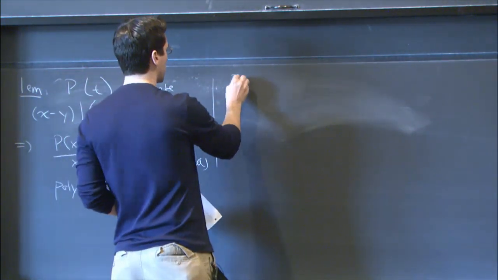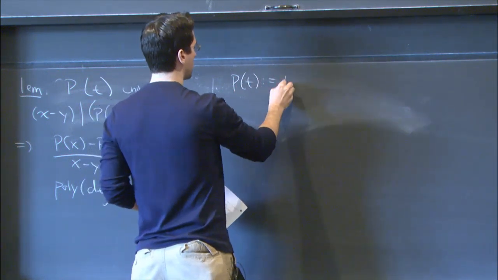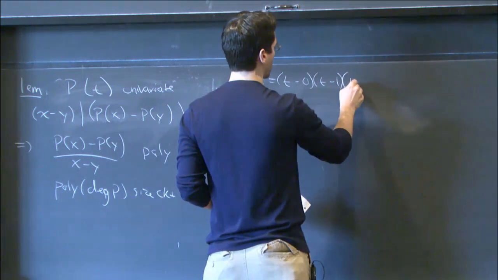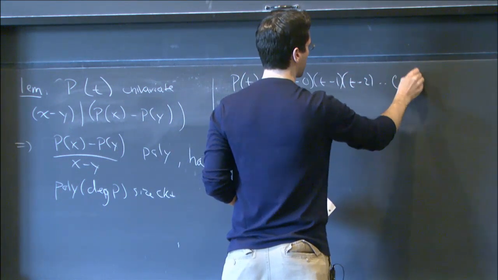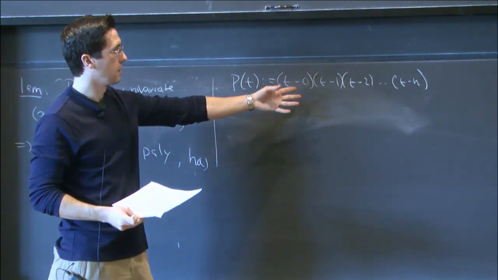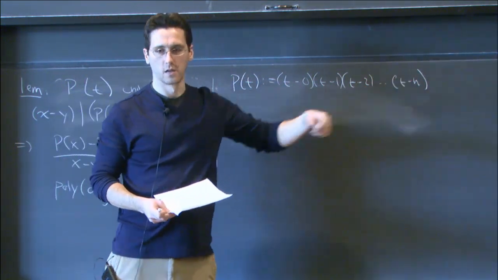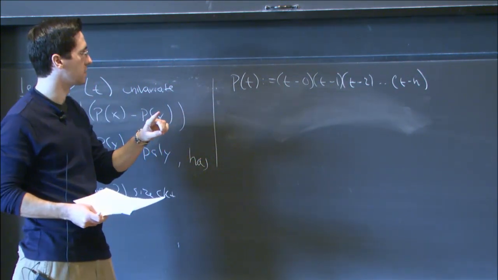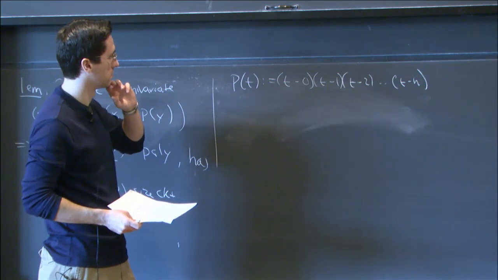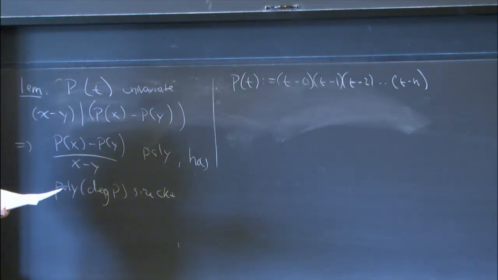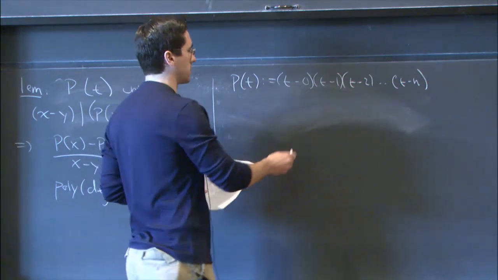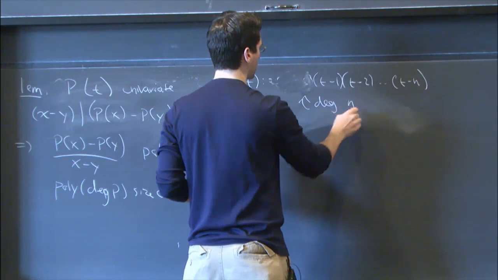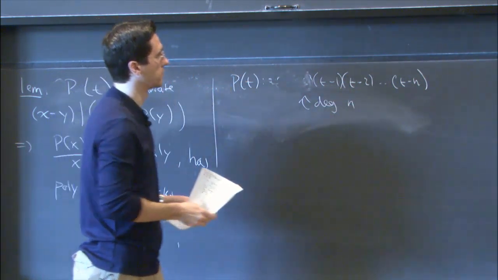We're going to choose p of t to be t minus 0 times t minus 1, t minus 2, up to t minus n. And why are we choosing this? It's because 0, 1, 2, 3, 4, up to n are the possible values of summation xi plus 1. Or I guess 0 is not needed. OK, I'll just leave it in, whatever. So these are the possible values of the subset sum axiom. And this is degree n. Well, I guess you get n plus 1.